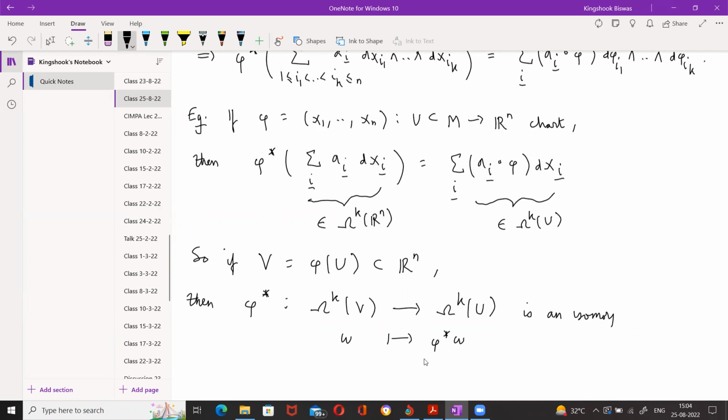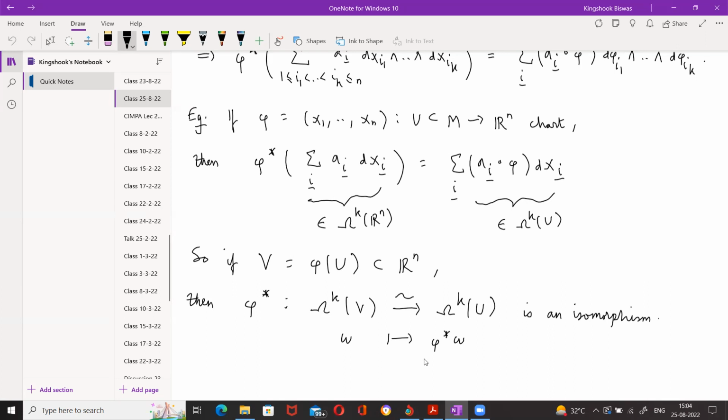Is this clear? Yes, sir. Okay. This is an isomorphism. What that means is, so this is onto, so that means any K form on the chart in M is equal to the pullback of some K form in Rn, and that K form is unique because this map is one-to-one.